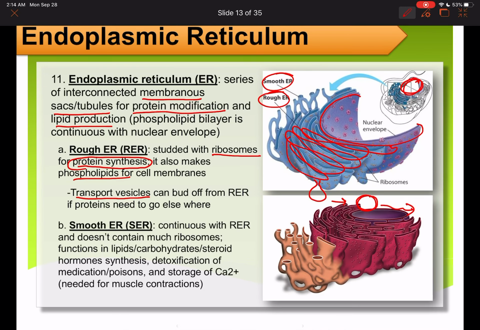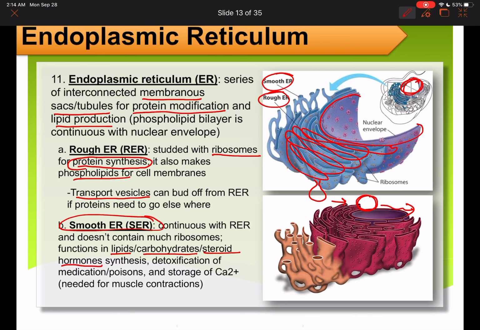So the next section of ER that is continuous with the rough ER is the smooth ER. Having the word smooth in its name tells you that it doesn't contain much ribosome, and its main function is the production of lipids, carbohydrates, and steroid hormones.